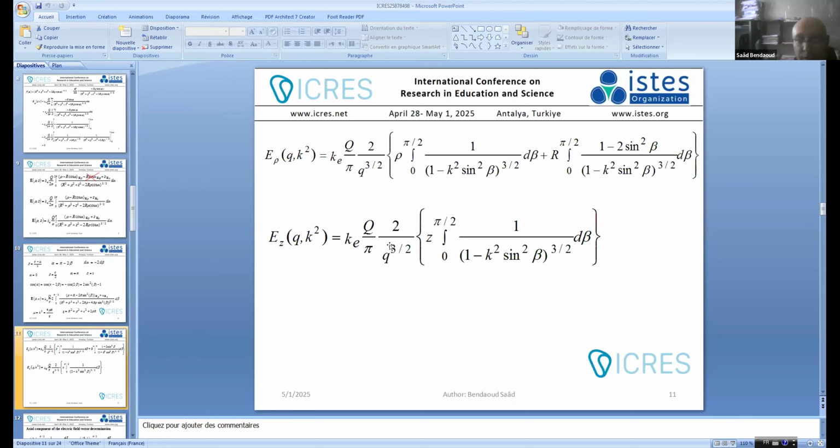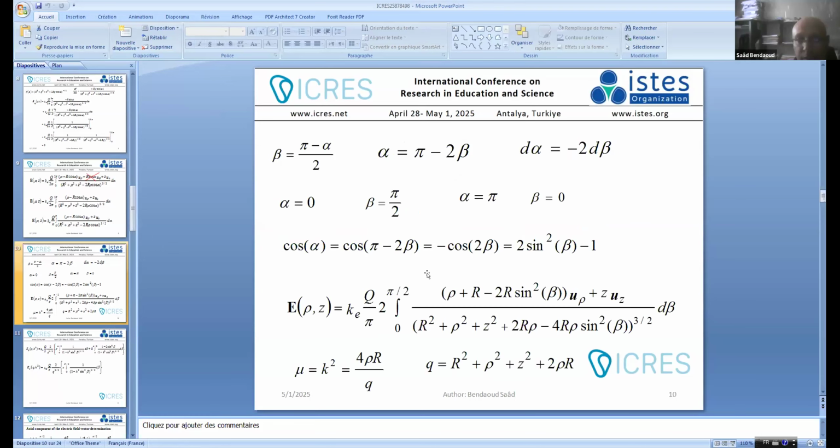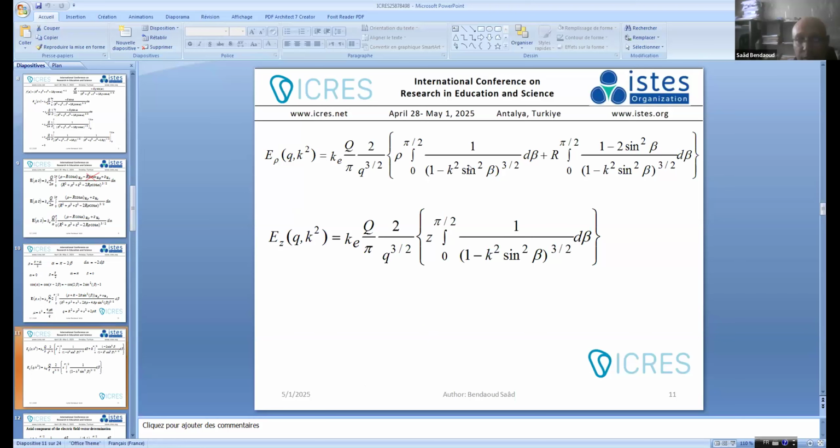After, we must calculate now the axial component of the electric field vector. And we see here that this function is the elliptic integral, the complete elliptic integral of the third kind.